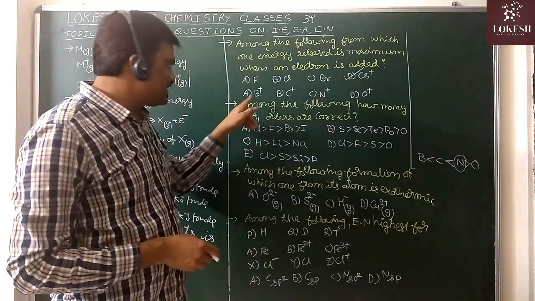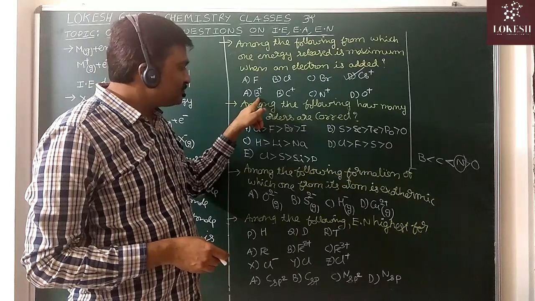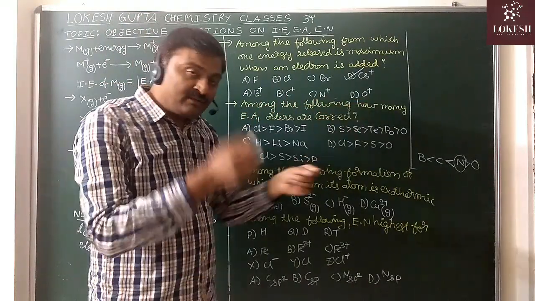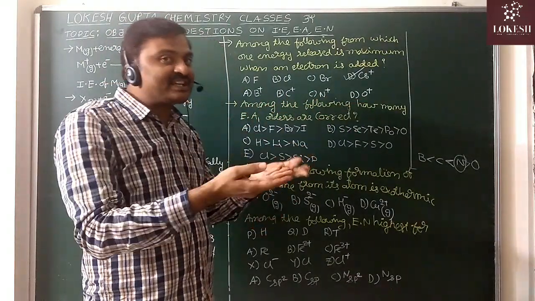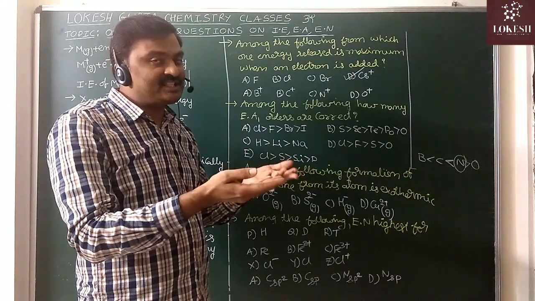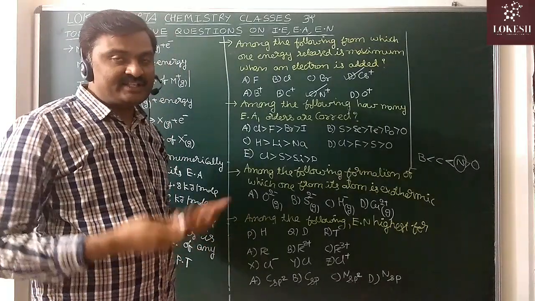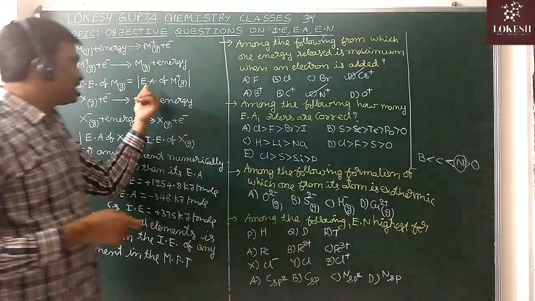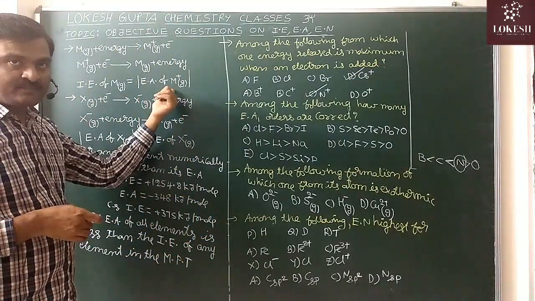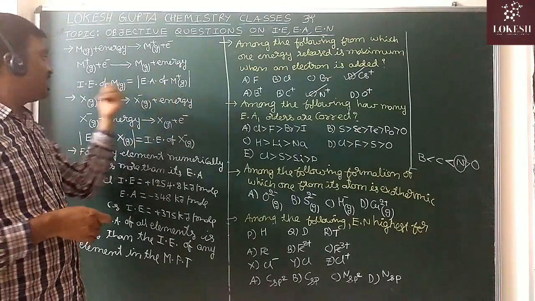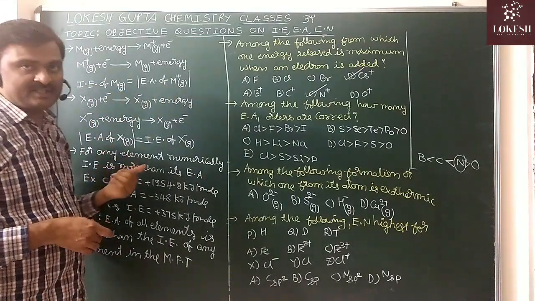Now, from these monoatomic ions, when an electron is added, in which case will the energy release be maximum? Nitrogen plus. It is based on which concept? Electron affinity of M plus gas is numerically equal to ionization energy of M gas.